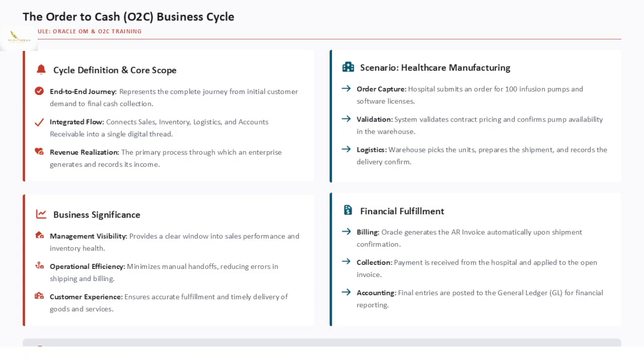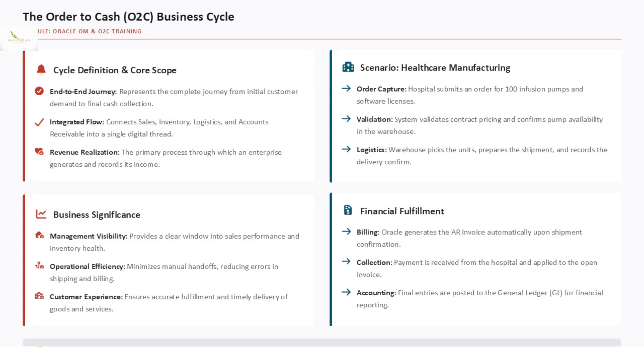Oracle validates contract pricing, customer information, inventory availability, and warehouse allocation. The warehouse team then picks the inventory, packs the product, confirms shipment, and Oracle automatically generates the customer invoice. Finally, payment is received, accounting entries are created, and revenue is recorded in the general ledger.